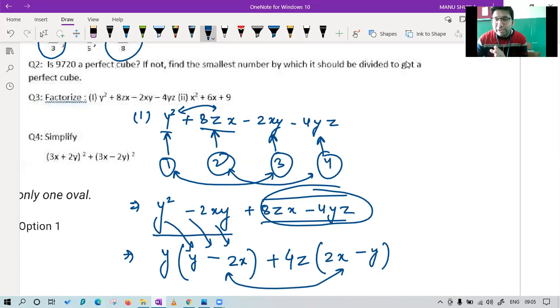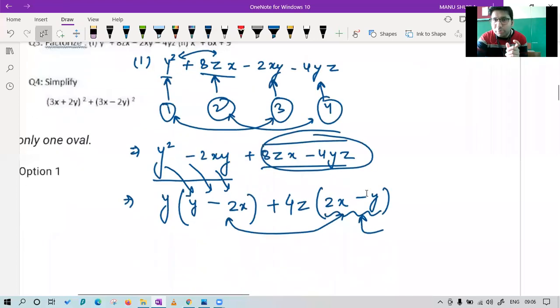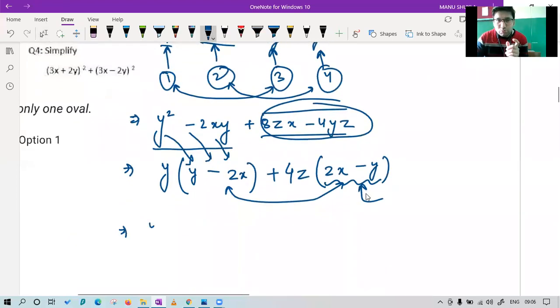Yes, Ananya. If somehow I take a negative common from this second bracket, they both will become exactly equal. Yes, Krishna. Because right now they are not same, I have to take a negative sign common outside, so it becomes y minus 2x. From this bracket I will take a negative sign outside, it becomes minus 4z.